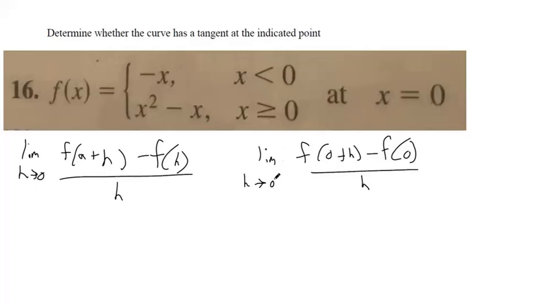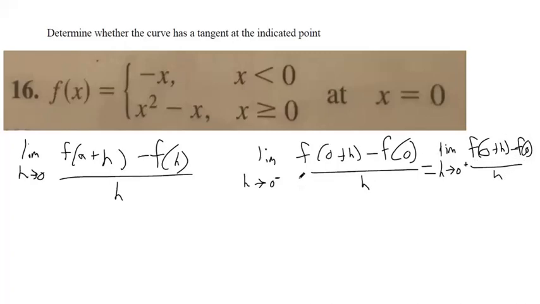We'll approach 0 from the left, and then we'll see if that matches the slope approaching from the right. If they match, then yes, the tangent line has a slope at this point. If they don't match, then no, that tangent line does not exist here. So you want to do both of these. And it's subtle, that plus and that minus, subtle difference, but it's an important one.